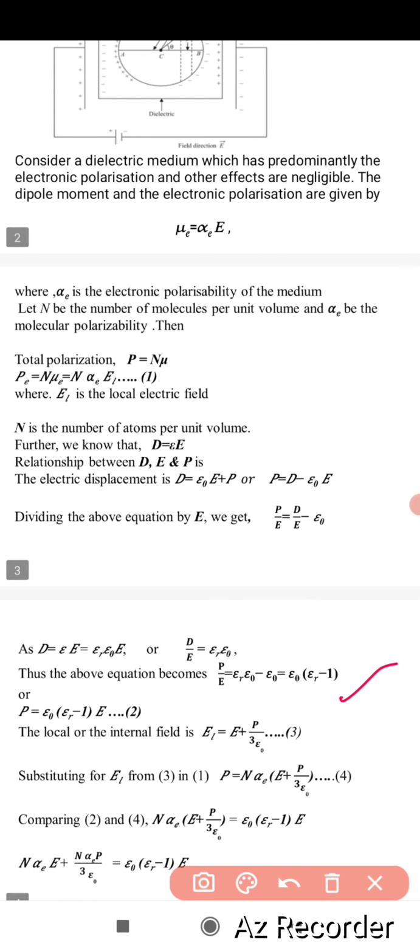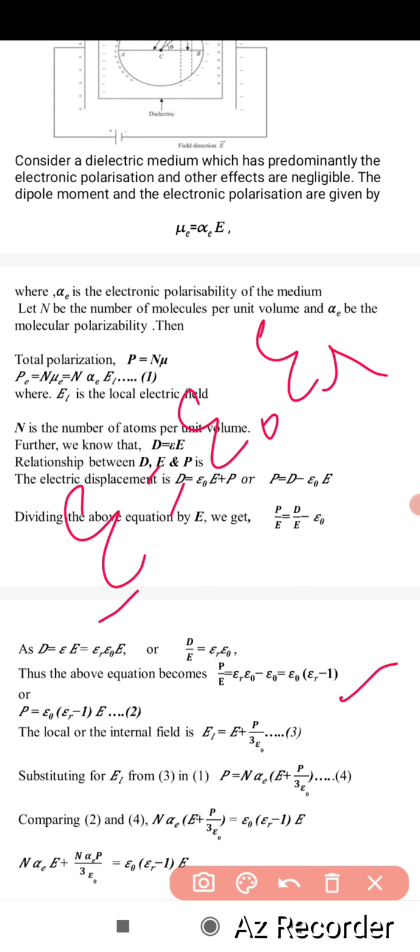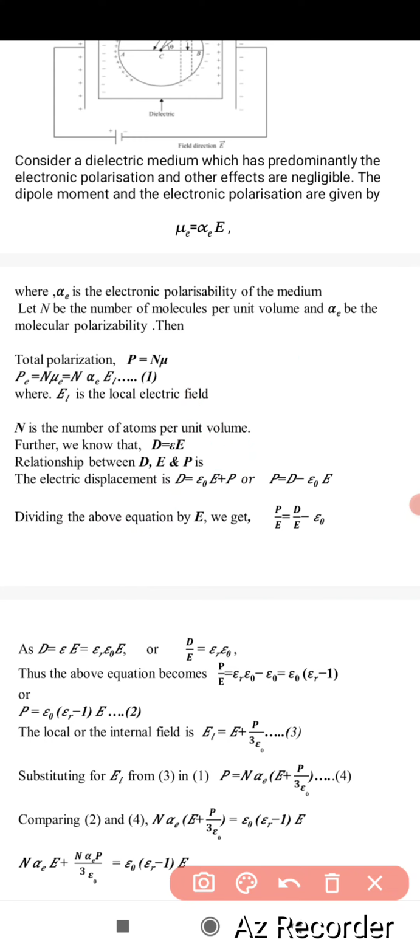Next, D is equal to epsilon into E, and epsilon is equal to epsilon naught into epsilon r. Substituting, D by E is equal to epsilon r into epsilon naught.